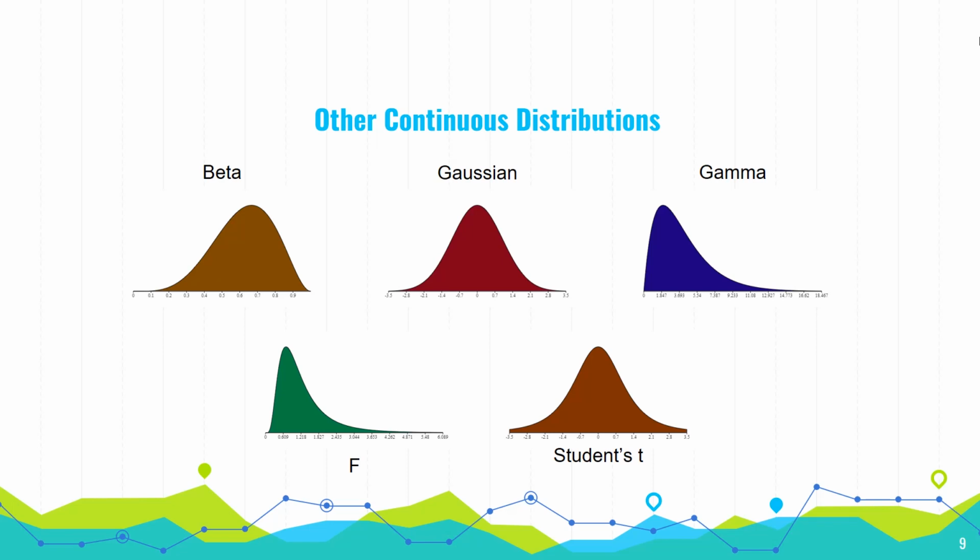There's a gamma distribution, which is related to the exponential, and it's a way of measuring how many occurrences. Let's not get into that right now. Then the F distribution. All of these are just different continuous distributions, and we will only use a couple of them in this course.